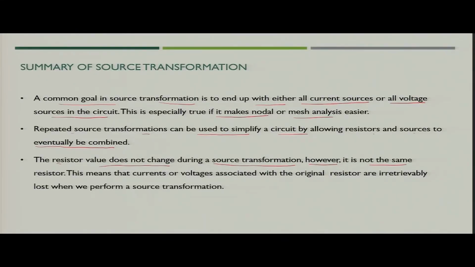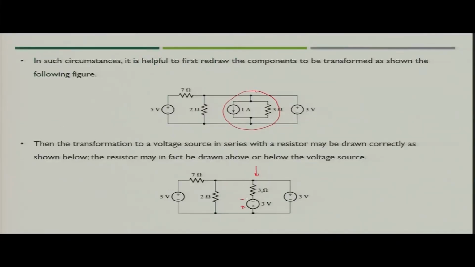However, it is not the same resistor, which means that the current or voltage associated with the original resistor is irretrievably lost. That means that with the transformation which you are doing, the same 3 ohm resistance will not give you the same output, because the location of the 3 ohm resistance has been changed.